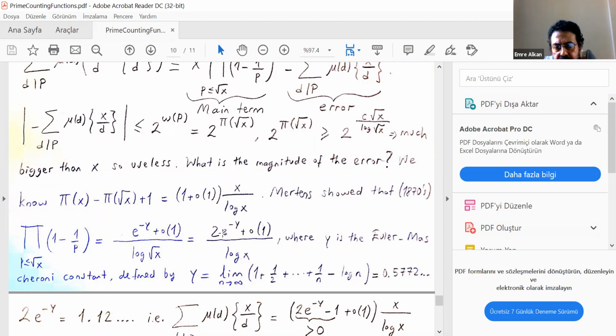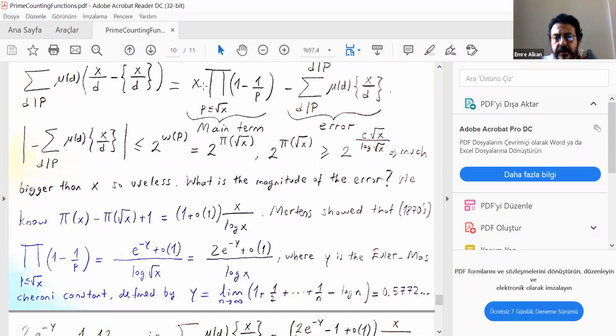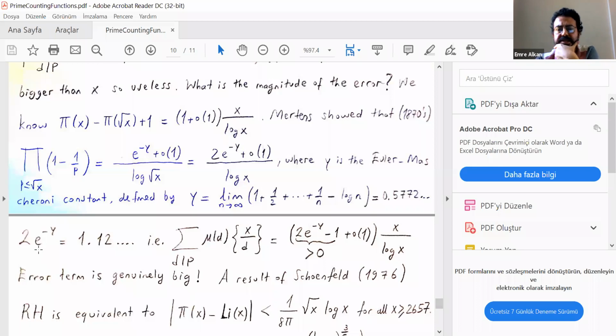But then we can compute this number, because that will give us the behavior of what we call the main term here. We know the behavior of this, so we can subtract and find the error. Now it turns out that if you take your pocket calculator and calculate 2 times e to the minus gamma, you get something a little bit bigger than 1.